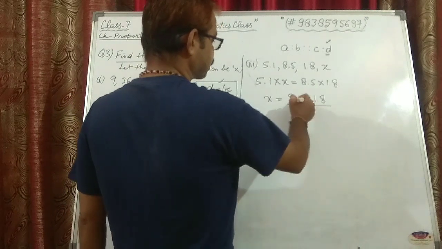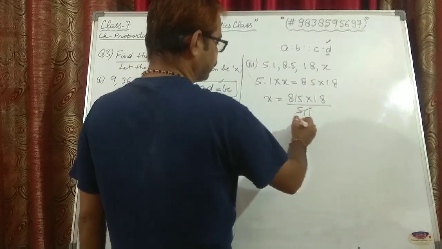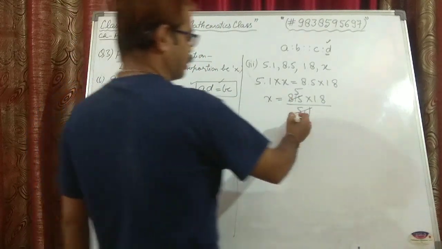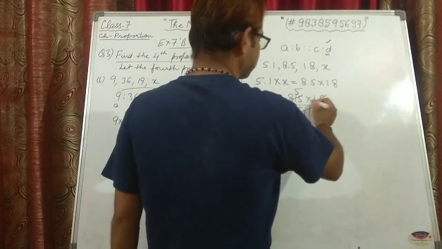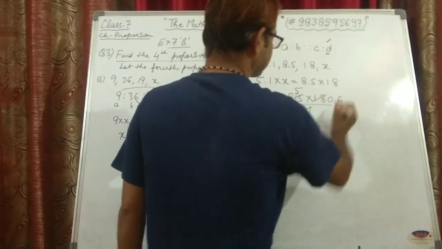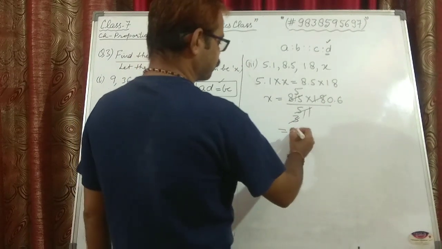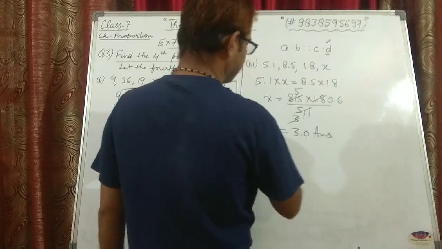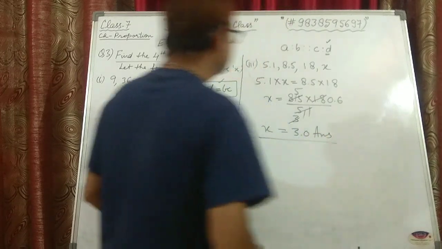So decimal and decimal removed. 17 3s are 51, 17 5s are 85. Now 3 6s are 18, so it will become 0.6. So 5 into 0.6 is 3.0 and that is the final value.